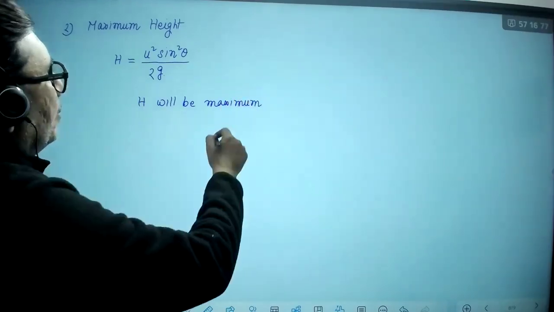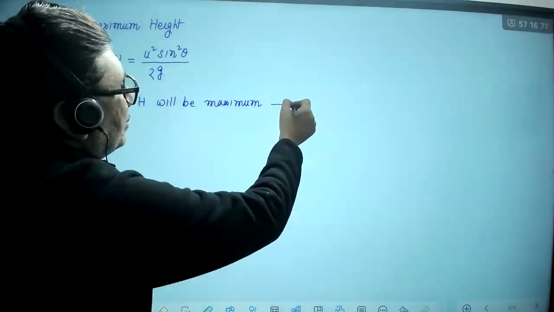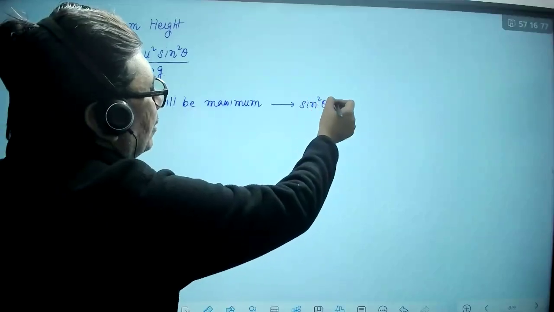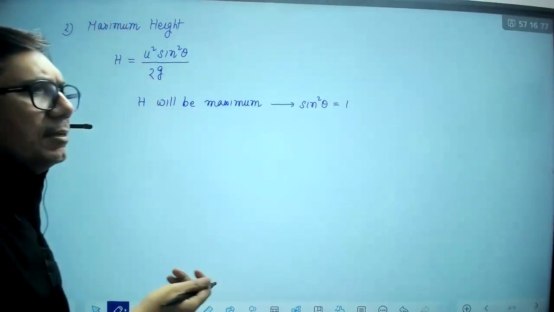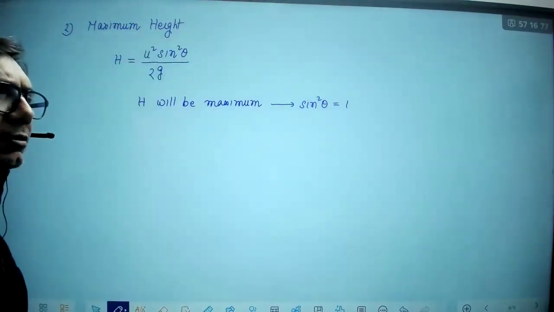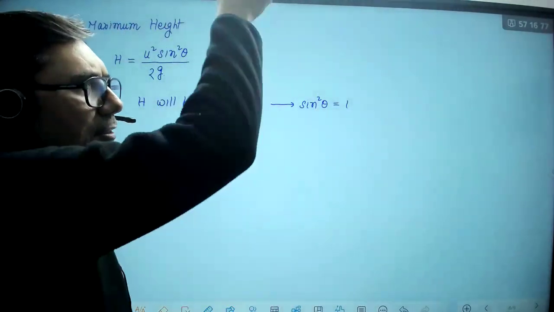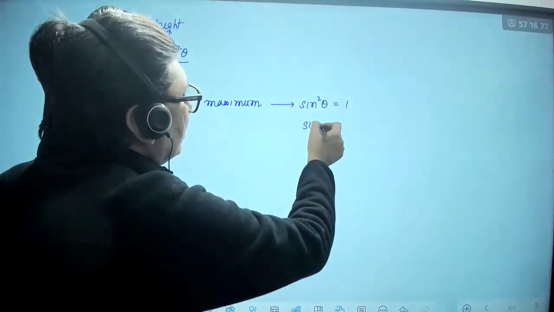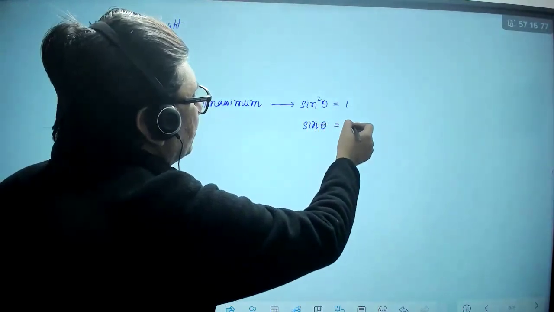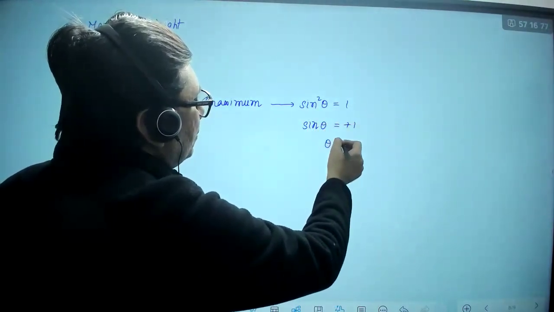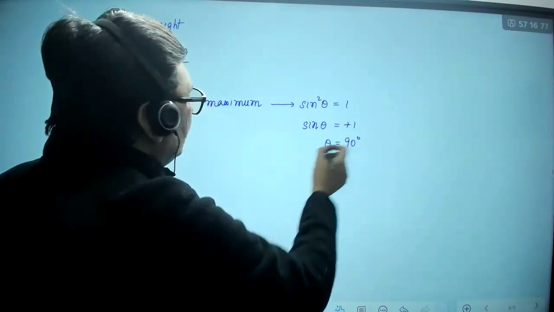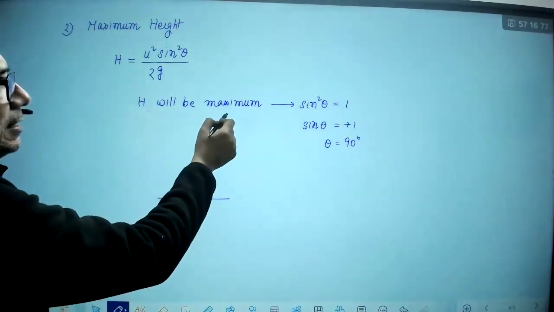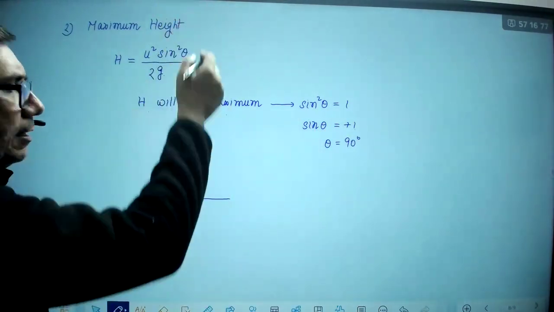is 1. It may be plus or minus 1, but we are not going to launch the particle in the downward direction. We are launching upward. So sine theta is plus 1, and theta should be 90 degrees. It means H will be maximum when the particle is launched in the vertically upward direction.